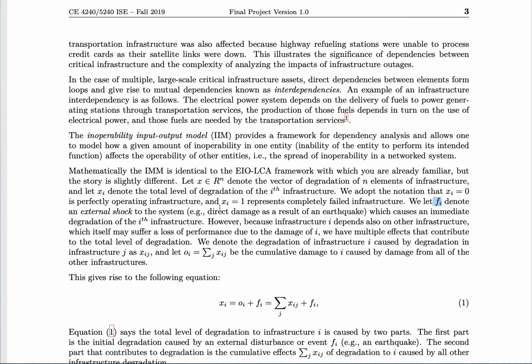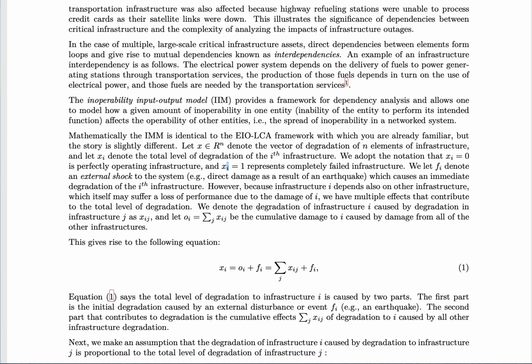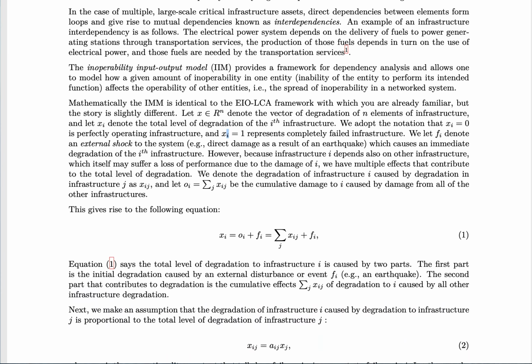What I want to know is xi, the total amount of damage to the infrastructure, and not just for infrastructure i, but for all of the infrastructures. Okay, so we're going to look at how much of the damage is sustained from this external source, this is the fi, the external earthquake, let's say, and we're also going to look at all of the intermediate damage caused by other infrastructure not operating completely.